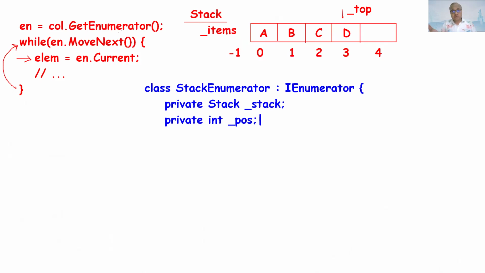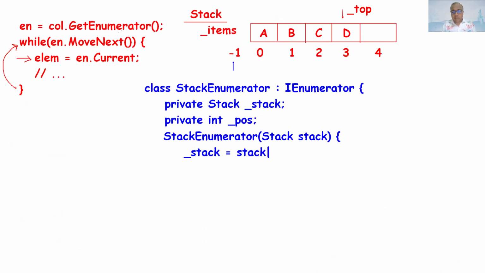As I said, we can have a constructor, and inside the constructor, our initial position will be -1. So we can simply write the code like a constructor, which is taking the stack and initializing the stack, and the initial position is equal to -1.